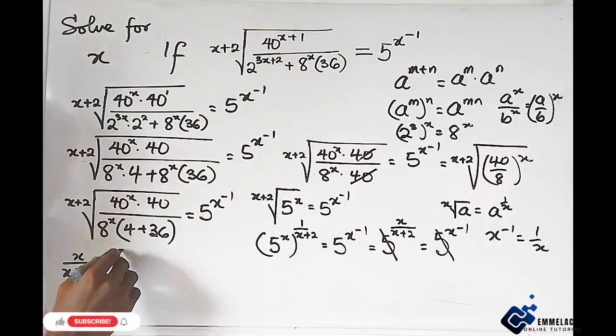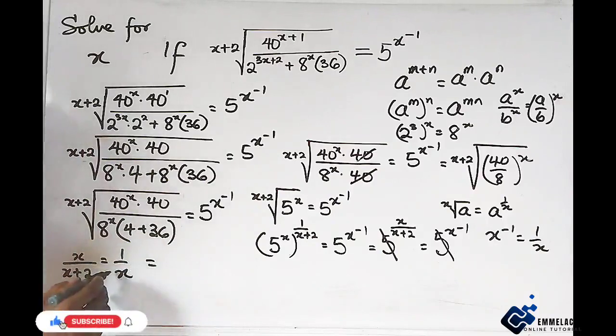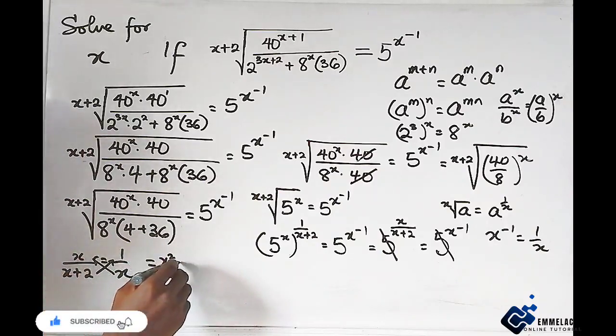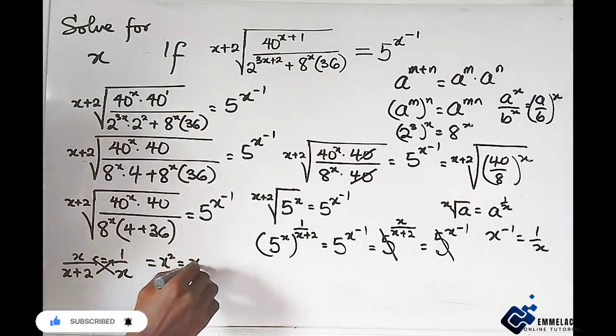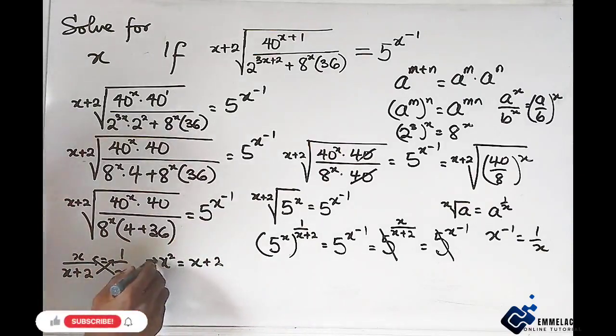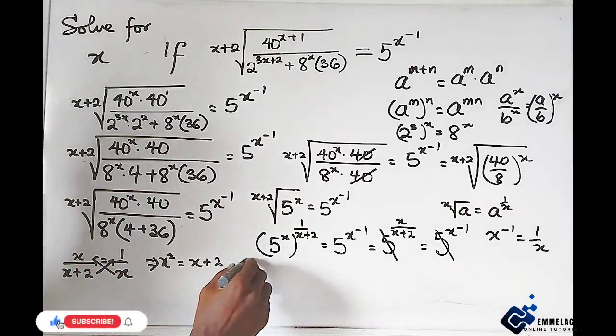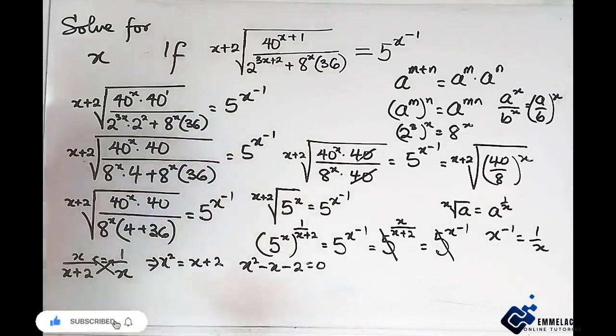So we have 1 over x. Now when we cross multiply, you have x squared equals 1 times x plus 2, which gives x plus 2. Bringing it here, we have x squared minus x minus 2 equals 0.